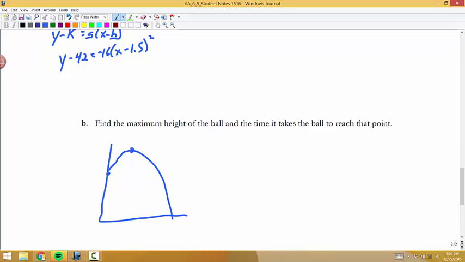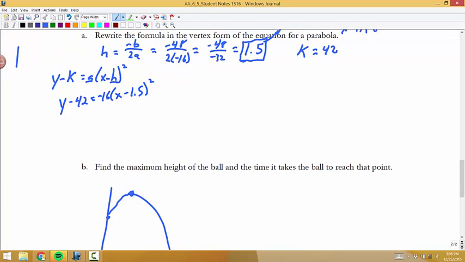The highest point that it reaches is the vertex of our parabola, and we know the vertex is going to be at the point (1.5, 42). The x value tells us how long it takes for the ball to reach that height. So how long will it take to reach that maximum height? 1.5 seconds.